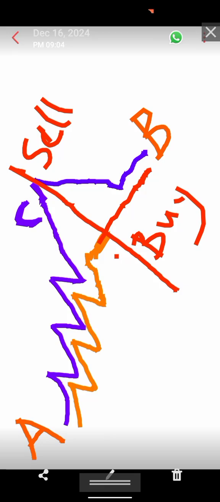If we calculate this trade, we are going to be making profit on the sell side, and on the buy side we might not be making any profit, maybe even a loss. But overall, if we do plus and minus, buy plus sell, we should be making profit.